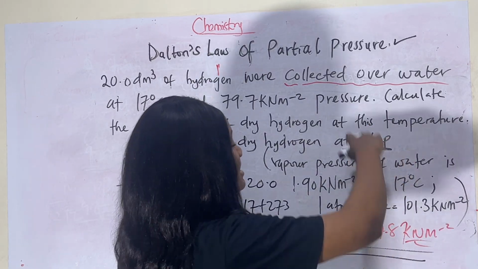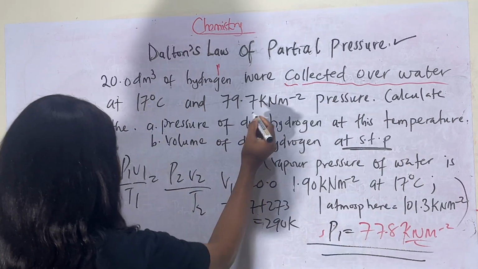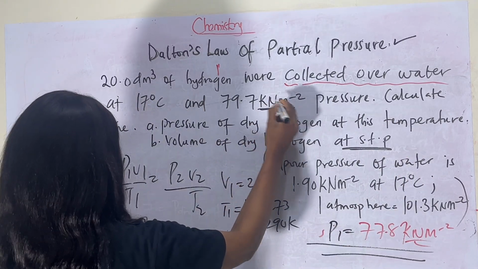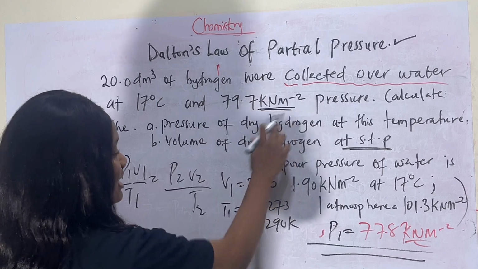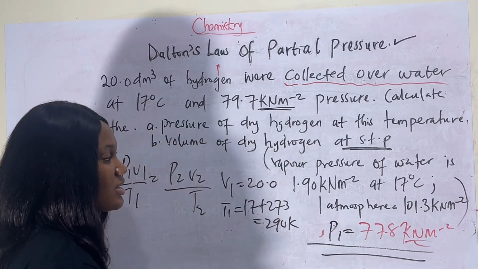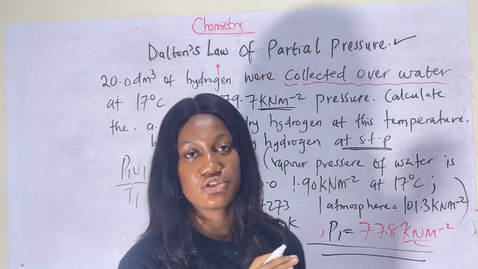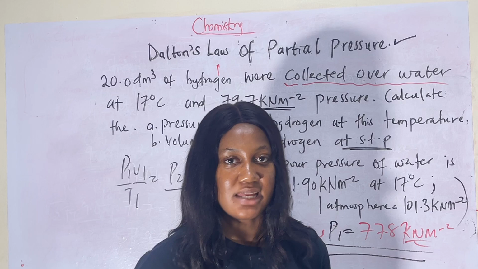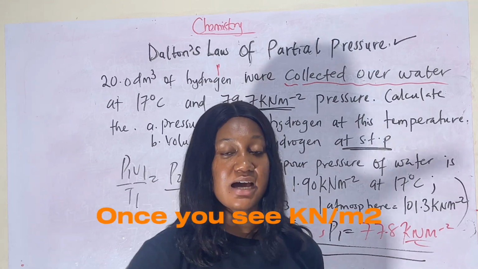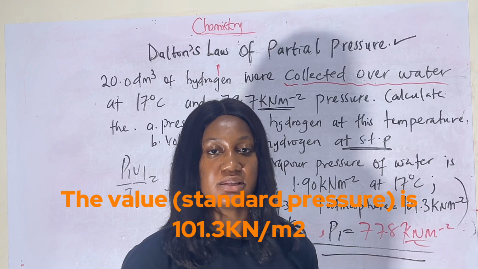What determines especially the value of your pressure here is the unit of what you were given. Since this is kilonewton per meter square, that's already been given to you here. But if you were not given this, you have to know these things. It just has to be in your head that once you see kilonewton per meter square, the value is 101.3.